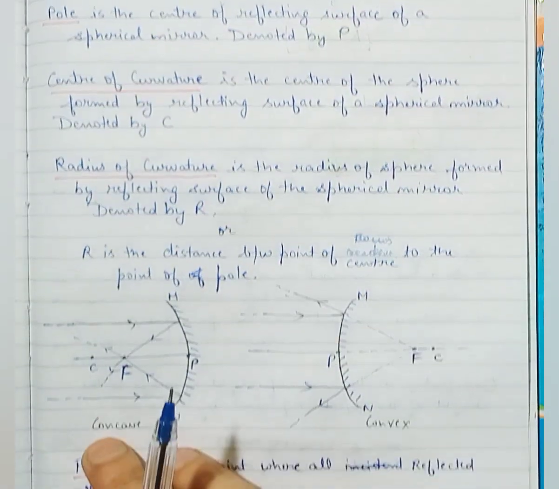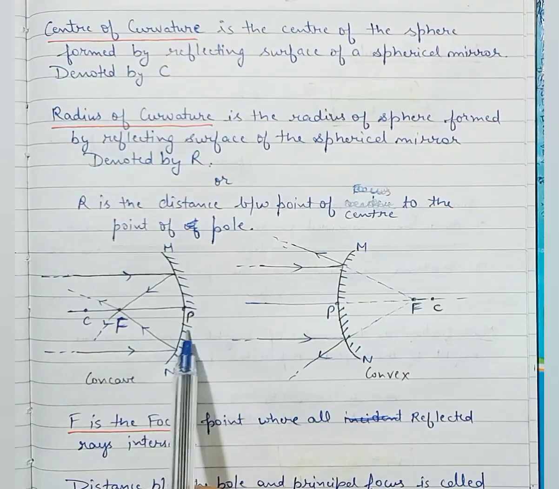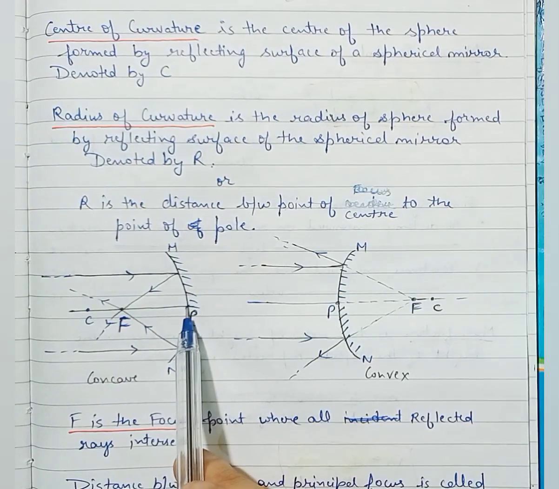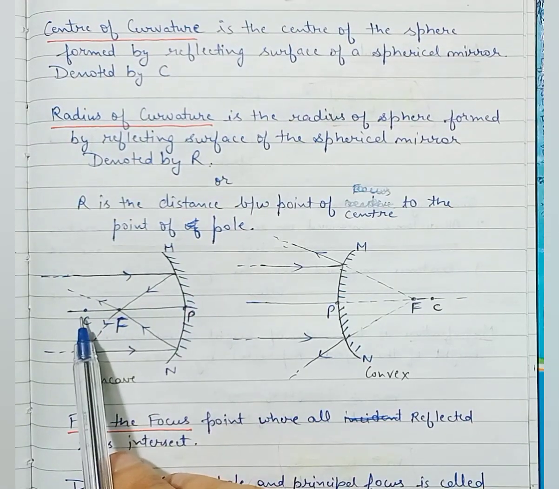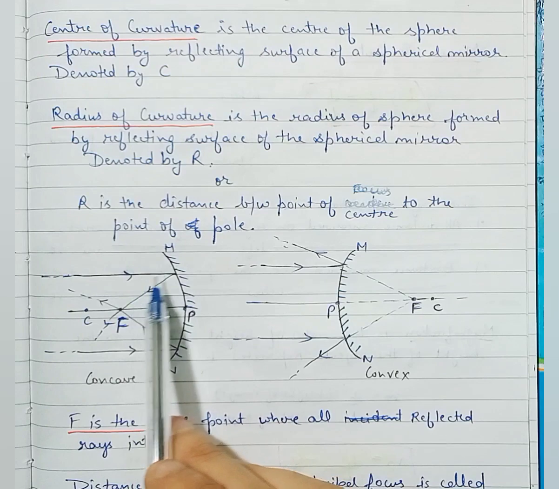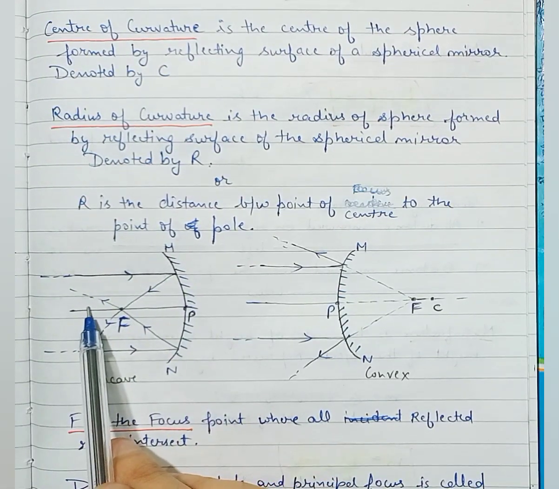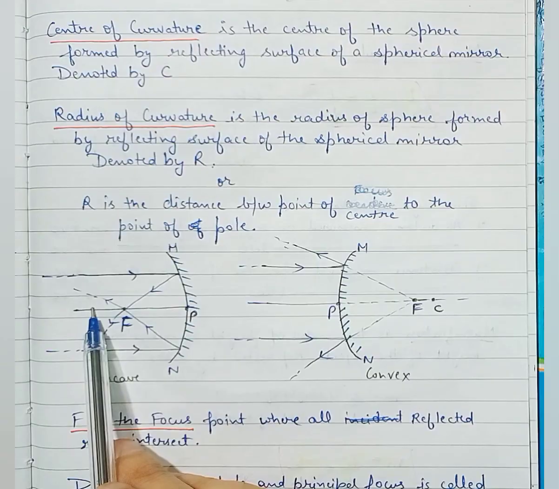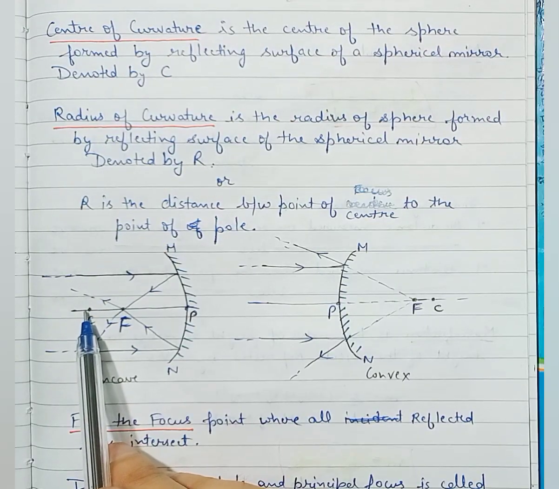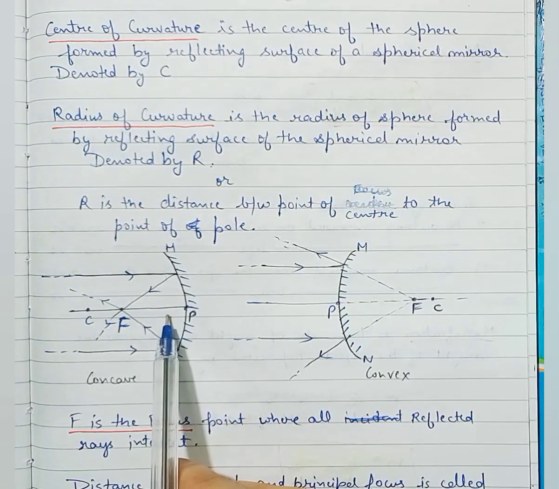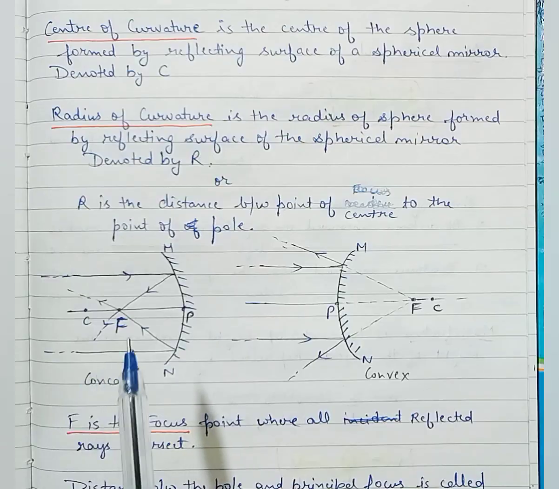We can see in the diagram, for the concave mirror, the pole is this point, and the center of curvature is this. When we complete this sphere, a center point comes, and this point is the center of curvature, and the distance between C and P is the radius of curvature.